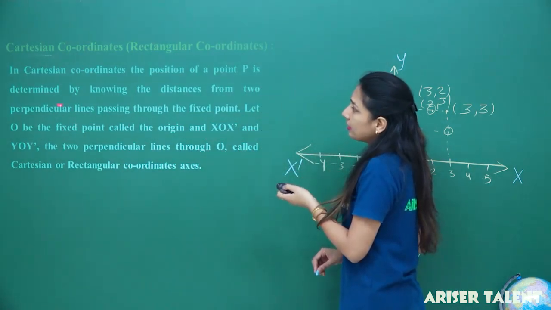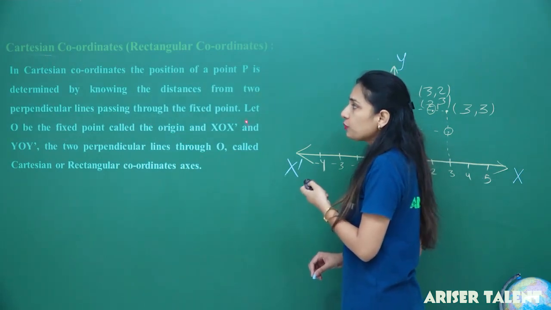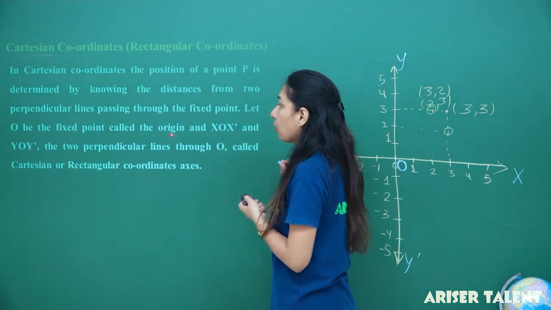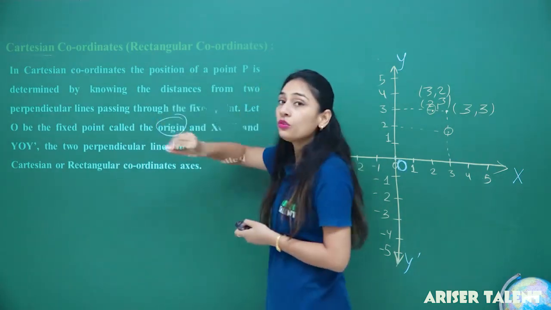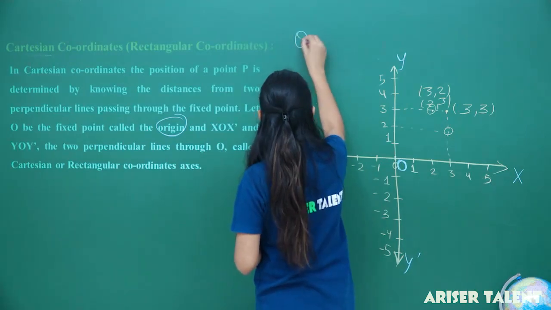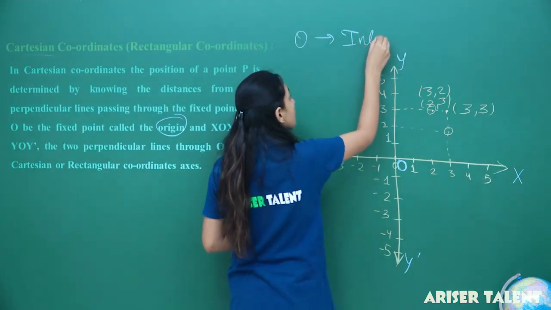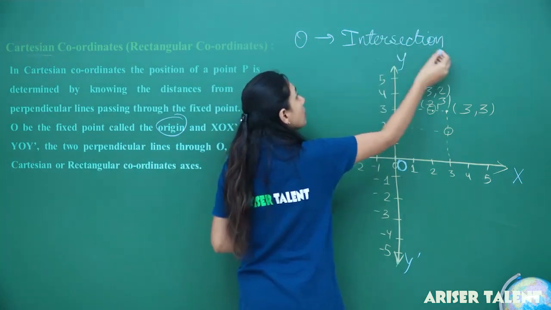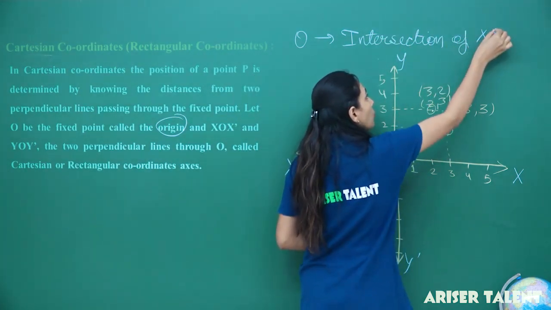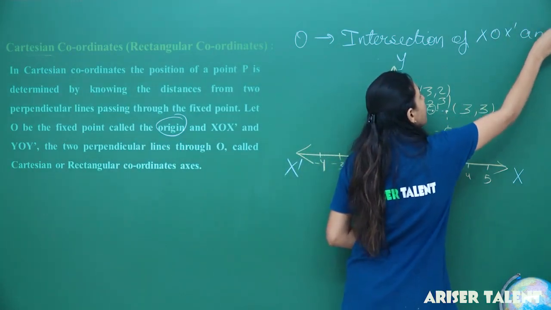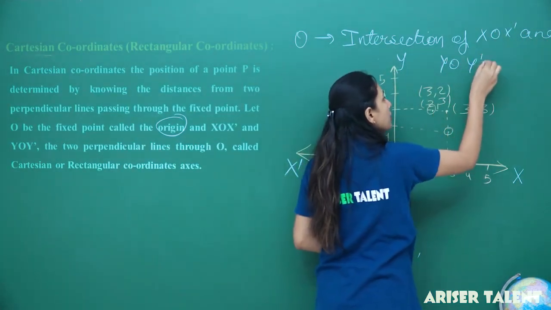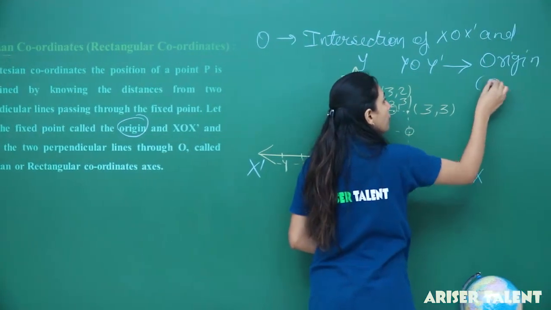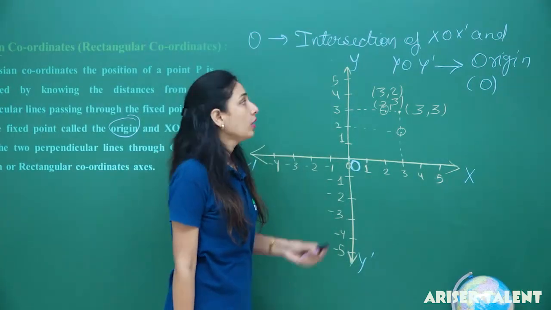Now we'll talk about these perpendicular lines passing through the fixed point. You know the fixed point now. Let O be the fixed point called the origin. This O, which is the intersection of X, O, X dash and Y, O, Y dash, is known as the origin and we denote it by O. Understood?